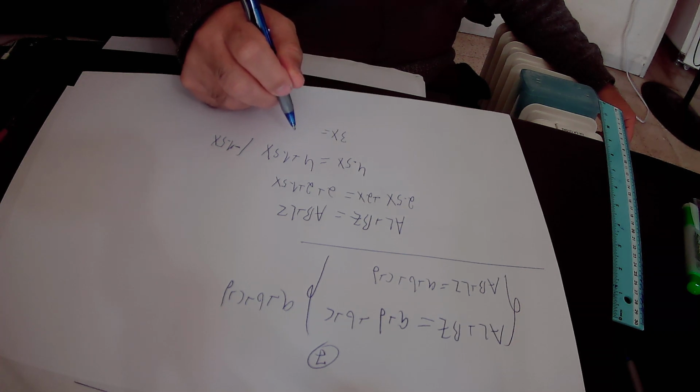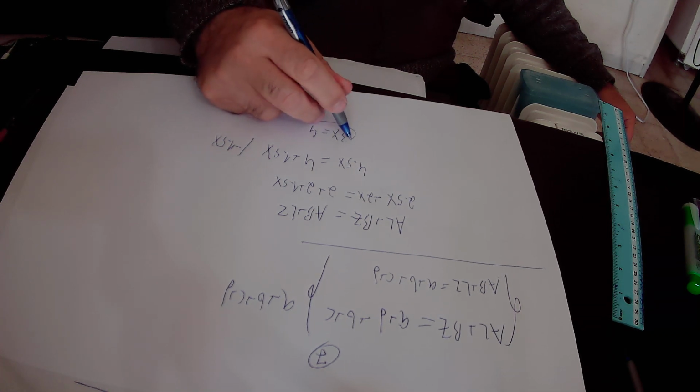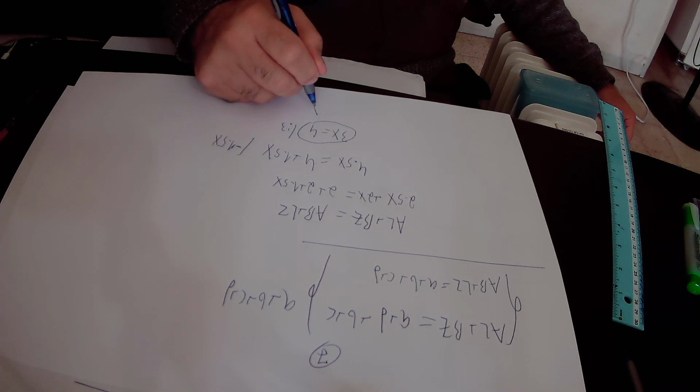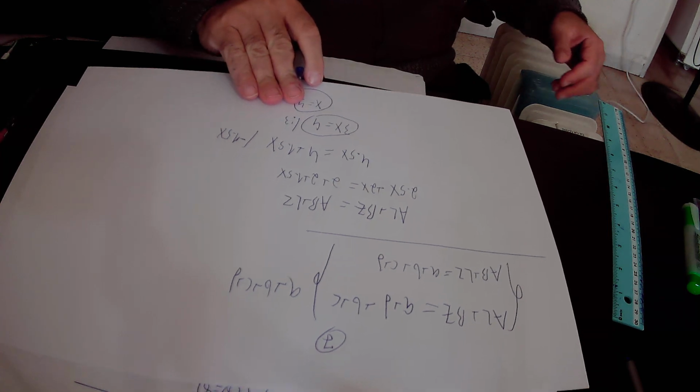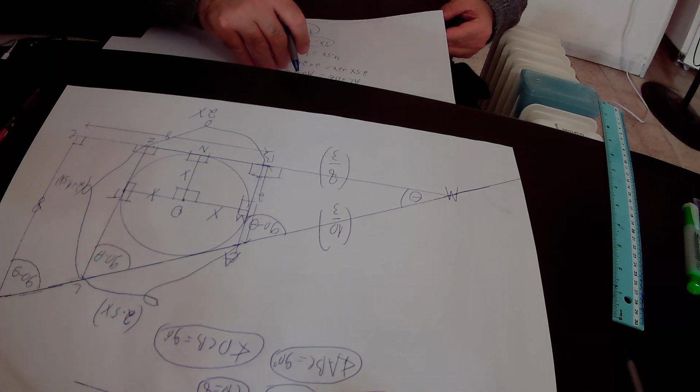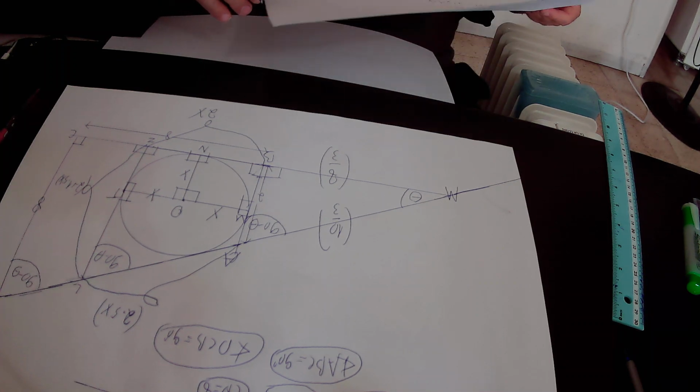That is equal to 4. Here we'll divide this equation by 3. And finally we get that x equals 4 over 3 units. That is to say, the radius of this circle, x, is equal to 4 over 3 units.